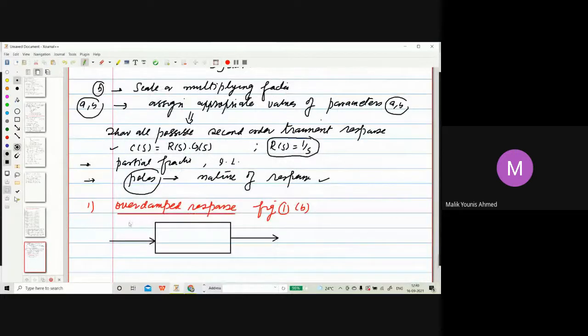Here, we are assigning A as 9, and the transfer function is 9 divided by S square plus A S plus B, with B also 9.